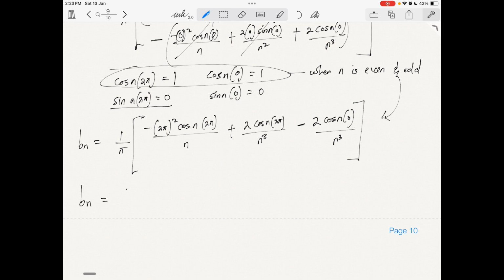So Bn is 1 over pi. Wherever we see cos n 2 pi and cos n 0, we can replace it with 1. So we have minus 2 pi squared multiplied by 1 over n plus 2 multiplied by 1 over n cube minus 2 multiplied by 1 over n cube.